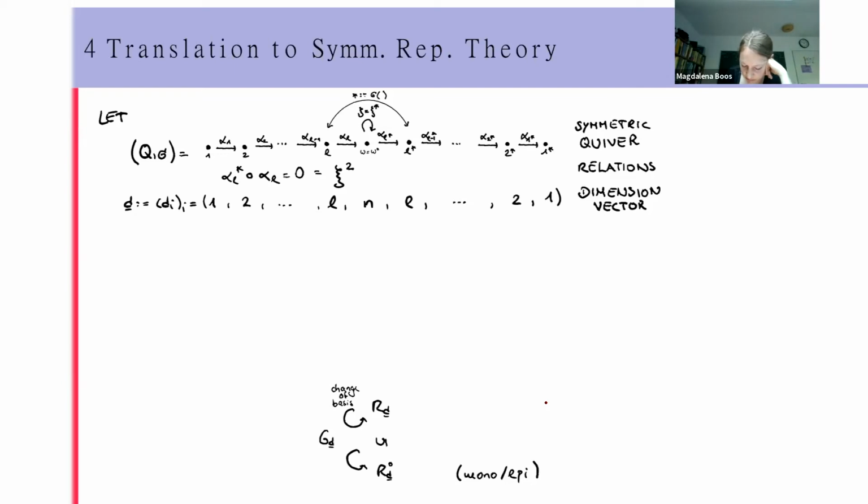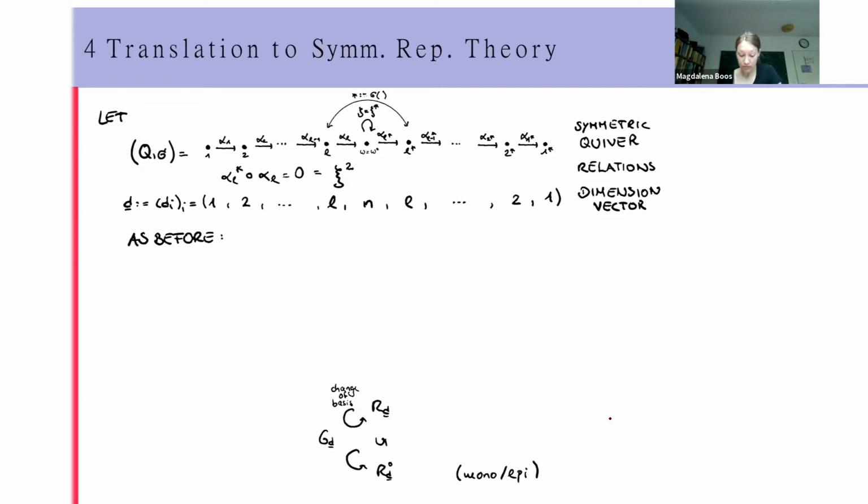Left corresponds to right, and the symmetric axis is here. And the relations are symmetric, nicely symmetric around the middle axis. And the dimension vector is symmetric. So this should be fine in order to define symmetric representations.